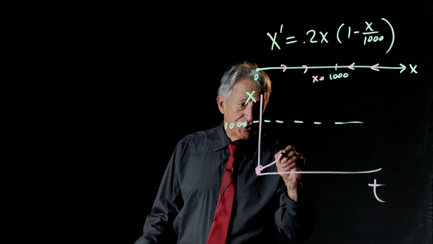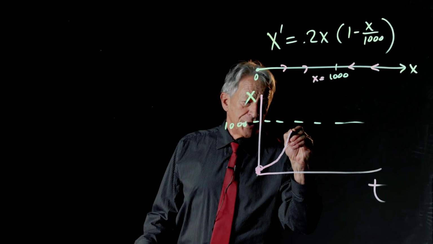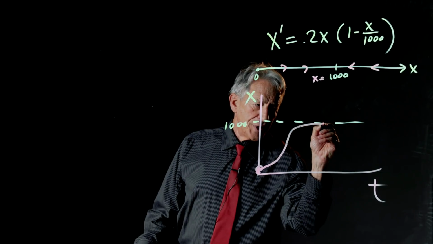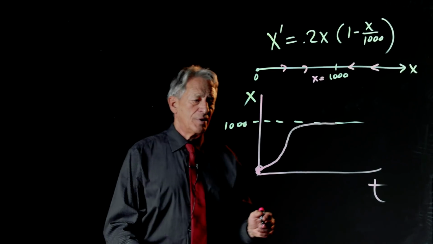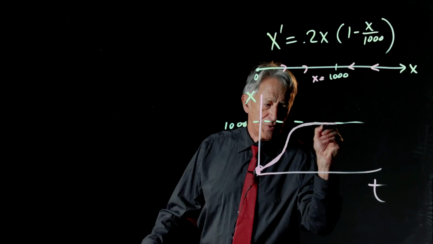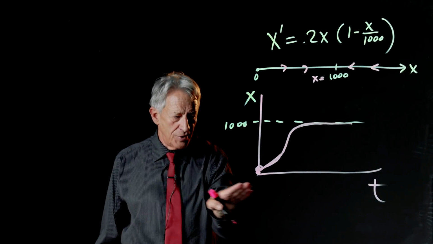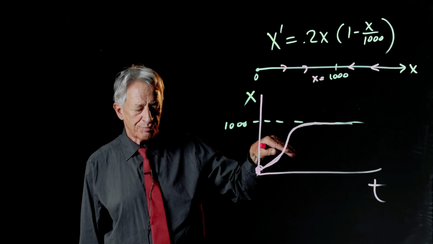The rate of change is going to get bigger until the rate of change starts to get smaller, until the rate of change is 0 at the point x equals 1,000. So that the time graph, or the time series that you would get from Sage, from starting your value below 1,000, is it would rise to 1,000 and then saturate there.